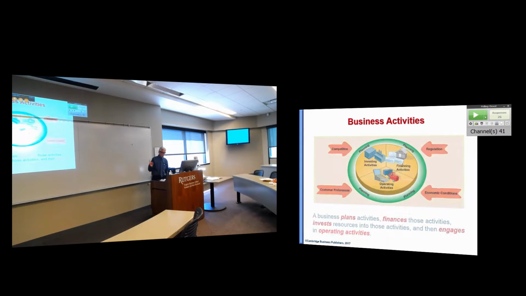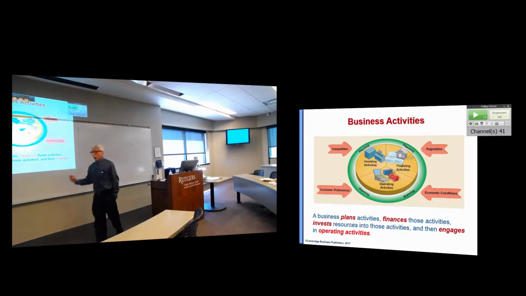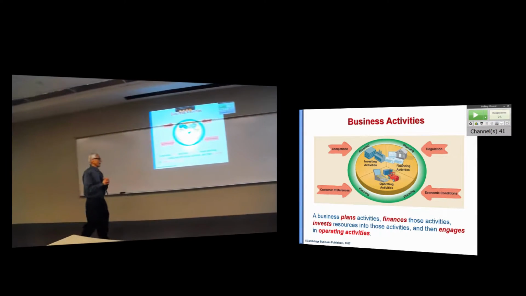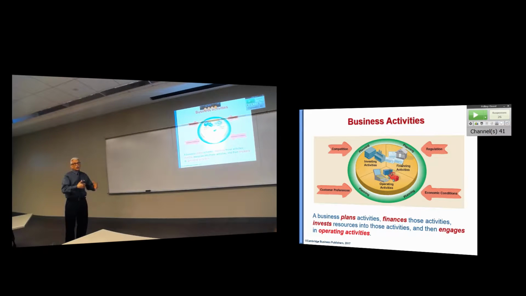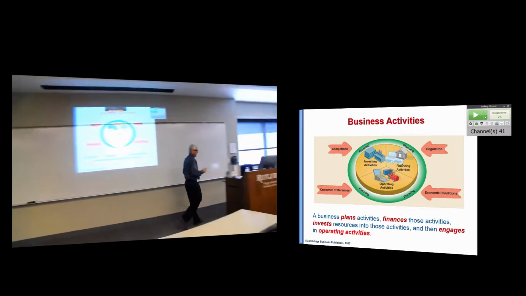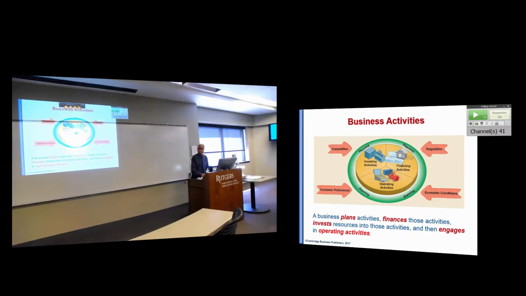So if you look at this first diagram, you're looking at the red arrows coming in. Those are the external forces that would impact the company's strategic plan. And the strategic plan, obviously, the main goal is to, as we'll see in the next slide, build value for shareholders. And then we have certain goals that we want to reach, and we take steps to meet that.